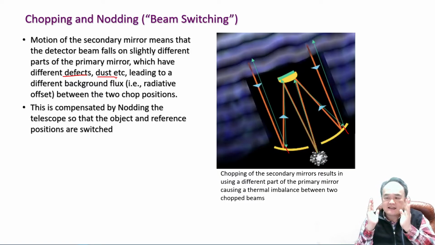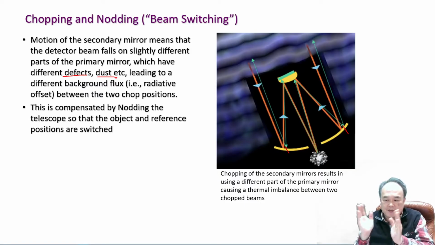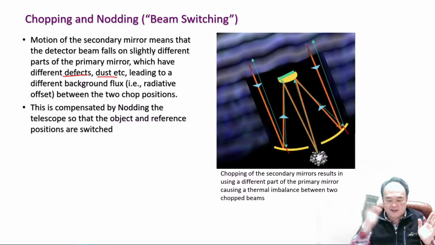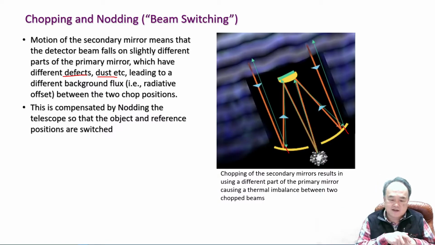So this chop A and then chop B background light is not perfectly subtracted out because of this difference. Okay. So if there is no difference in the beam path, then when they're doing this fast chopping of the secondary mirror, and we do this chop A minus chop B operation, then this background light is really subtracted out.